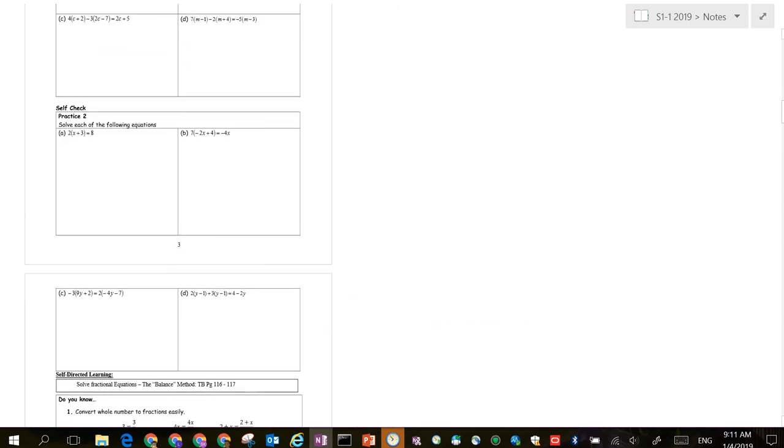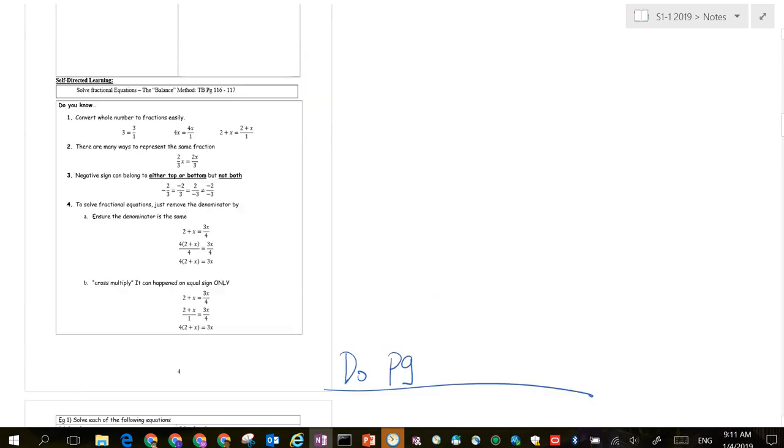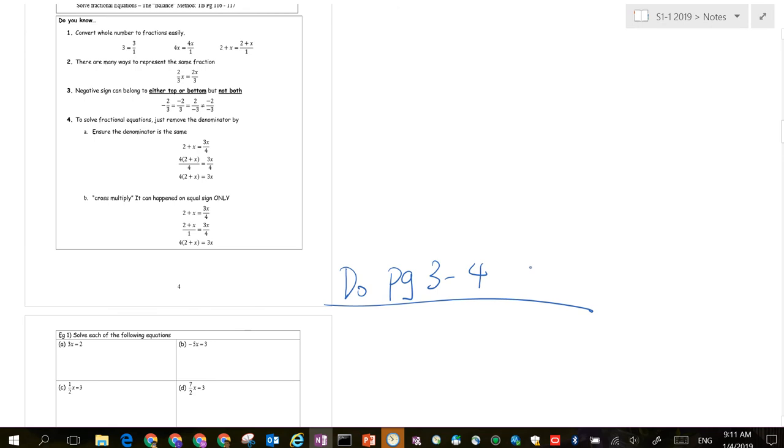Write on page 4. Write down, do page 3 to page 4. Show me your notes. Then write down due 3rd of April. Everyone write down due 3rd of April, so that I know you know, so that all the actors and actresses cannot tell me that I don't know. Okay, good. Right, class 10.